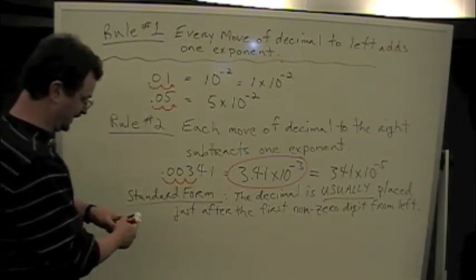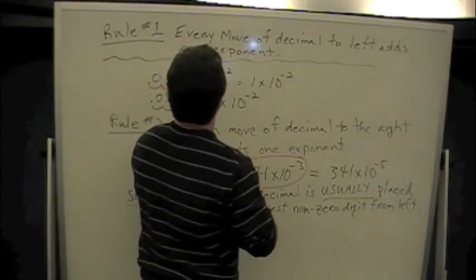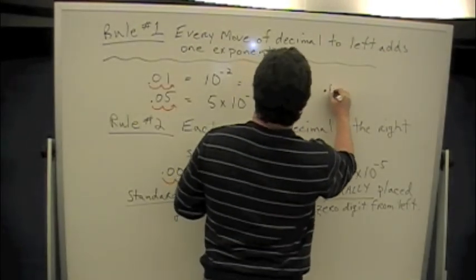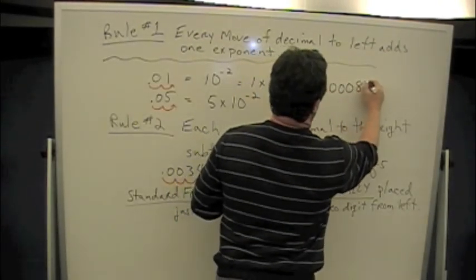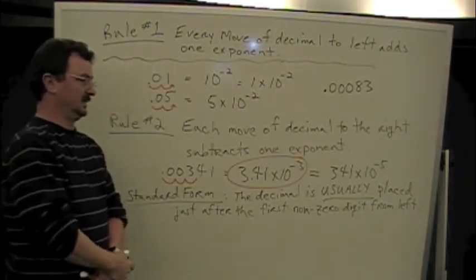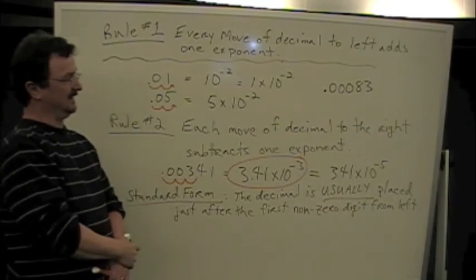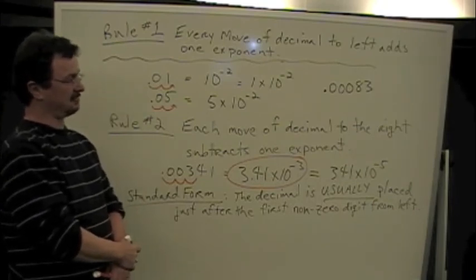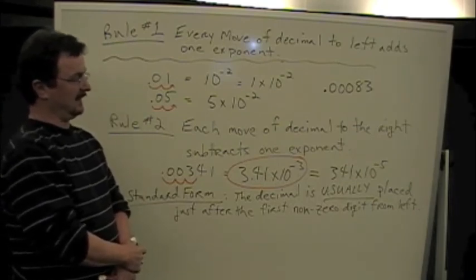So one more example. Let's say we have 0.00083. Okay. See if you could write that in standard form. Again, hit the pause button and try it on your own. All right.